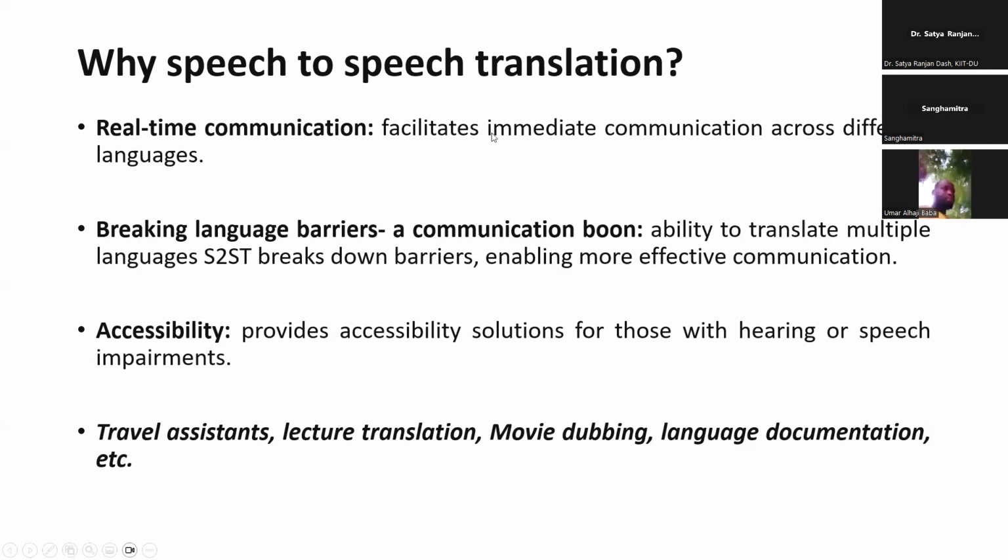For example, S2ST can provide accessibility solutions to people who have hearing and speech impairments, mainly by transcribing and translating the spoken language. Other applications include use by travel assistants, translating lecture videos or lecture audios, movie dubbing, language documentation, etc.